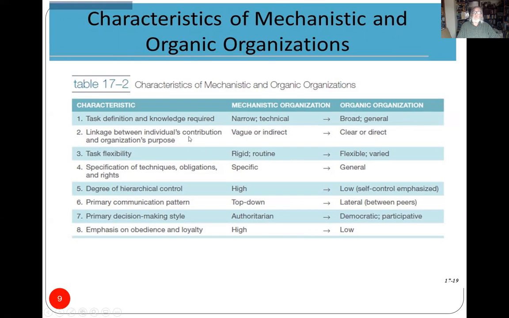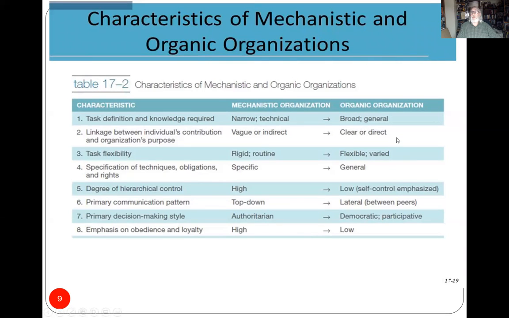The link between what you give and the organization's goals and purpose, in a mechanistic organization, is sometimes vague or indirect. If you operate a machine, you can certainly see that you're creating products that contribute to the organization's success. But on the other hand, you're not getting much intrinsic value from that.